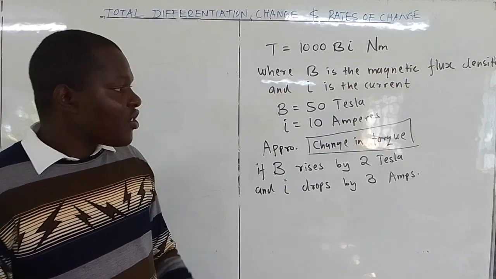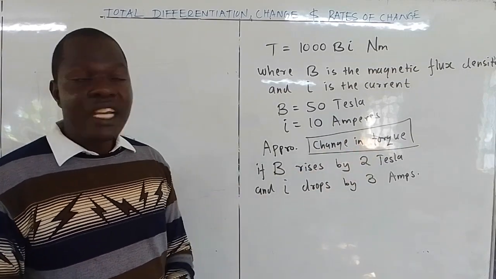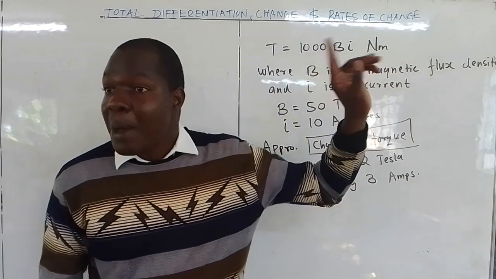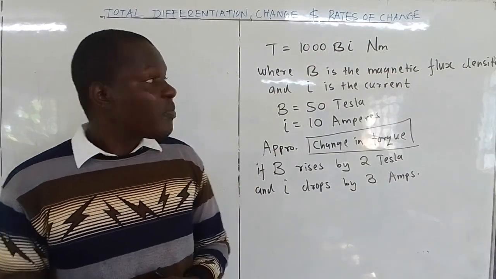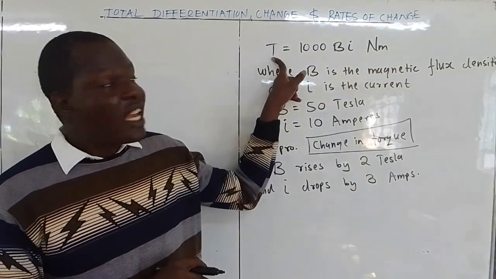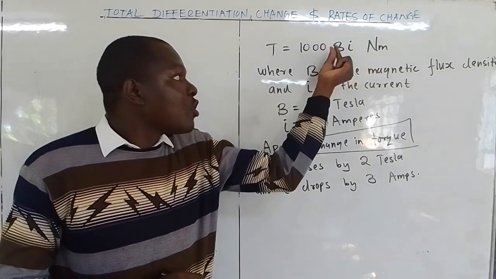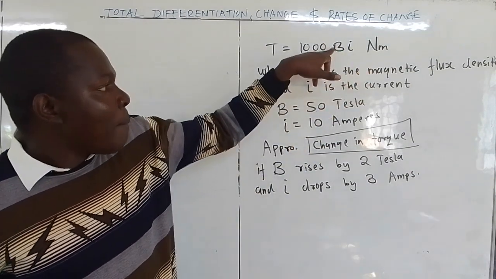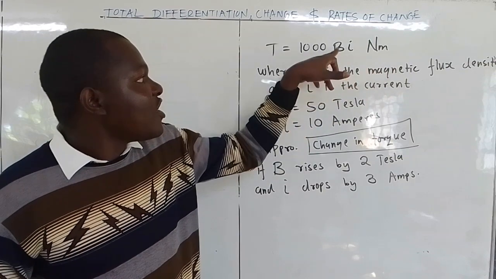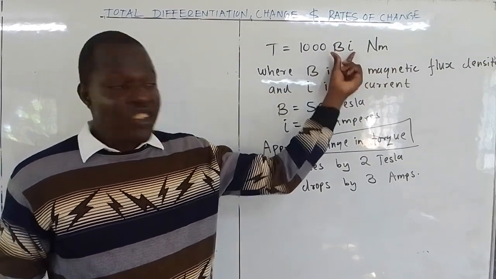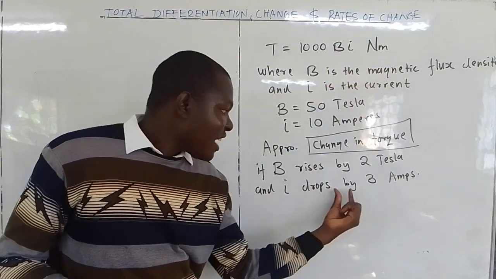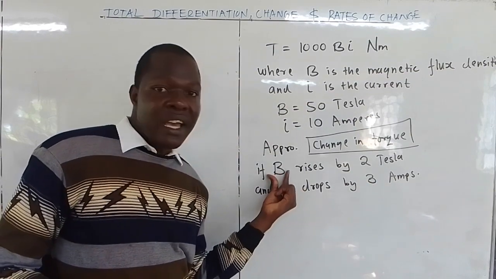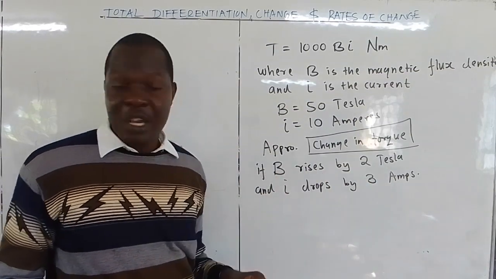Now when you are looking for the change in torque, meaning torque should be a function of something which is changing, isn't it? From this equation you can see torque is a function of B and I, because it is the magnetic flux density and the current which are changing. The current is dropping and the magnetic flux density is rising.